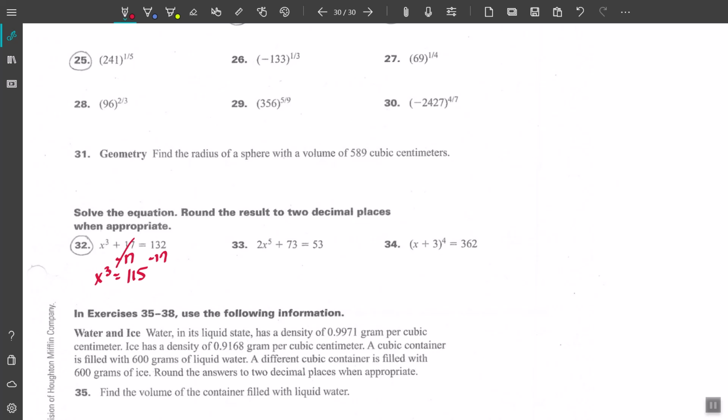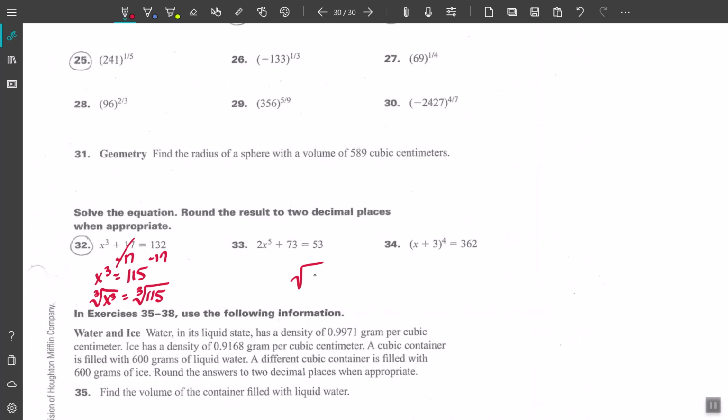So if I take the cubed root of both sides of this, it would look like this. I'm just going to rewrite it so you can see it. That would be the cubed root of x cubed, and then the cubed root of 115. So just like when we take the square root of x squared, let me just write that over here.